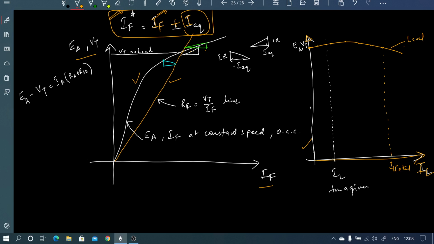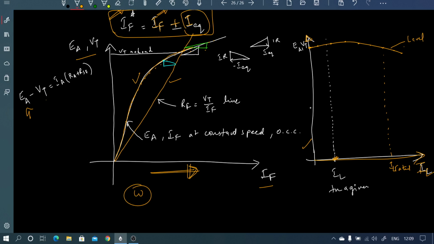For a given speed of constant operation, for any field current, the induced voltage always lies on this curve, the OCC curve, right? This E_A always lies on this OCC graph with change in field current at constant omega.